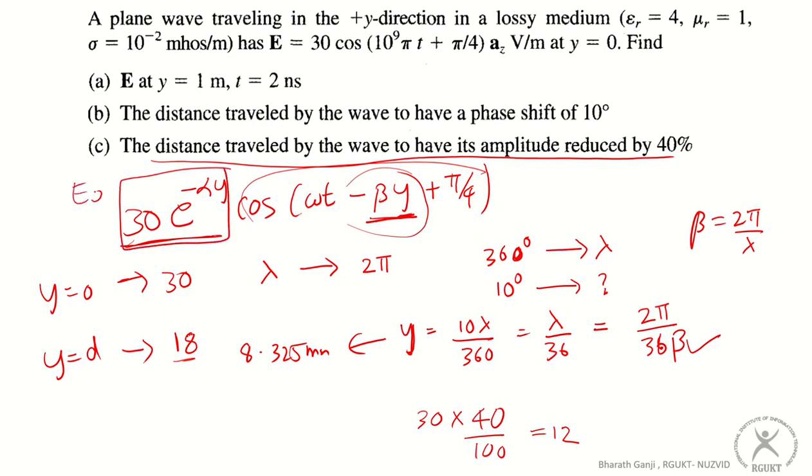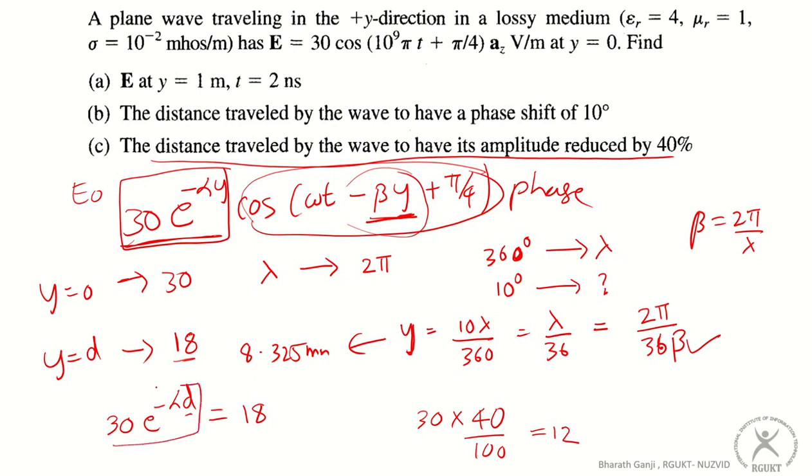So initially it is 30. At some y equal to d, 30 e power minus alpha d should be equal to 18. If you travel distance d, this whole number should be converted to 18. That means the amplitude is decreased by 40%.